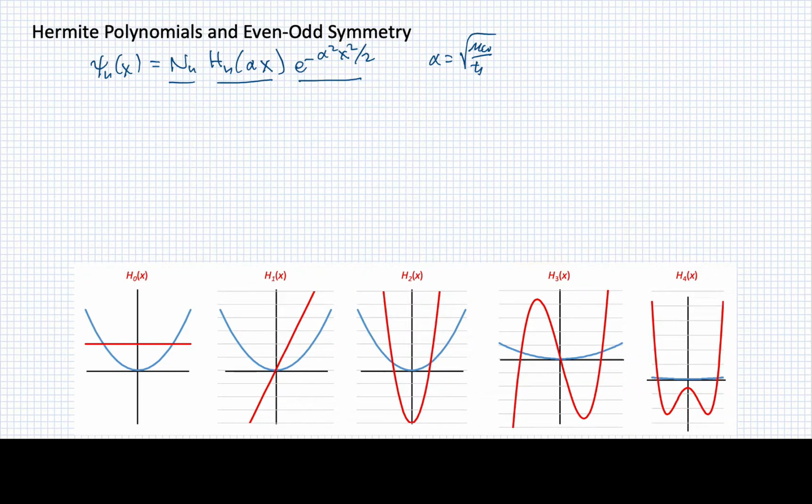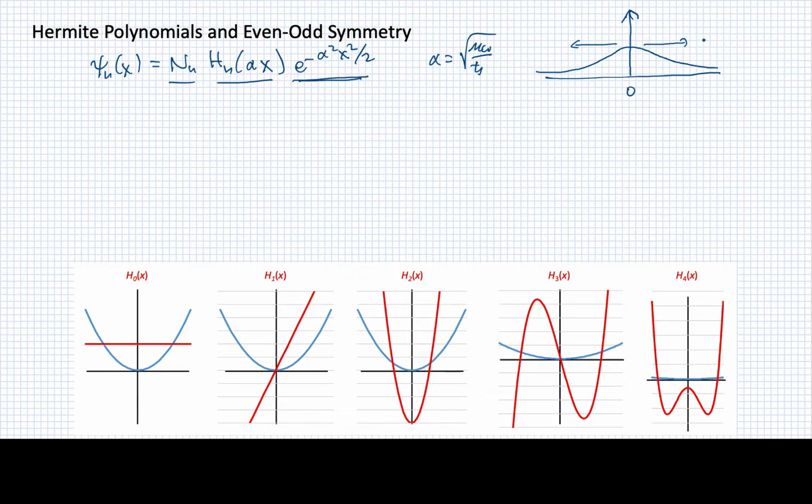Let's look at this Gaussian part first. If I were to draw this Gaussian as a function centered about x equals 0, it would look something like this. Now I hope that you can easily see that this function has reflection symmetry about the y-axis. In other words, whatever is happening over here is the same as what's happening over here.